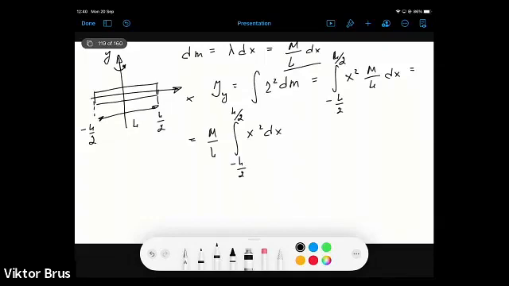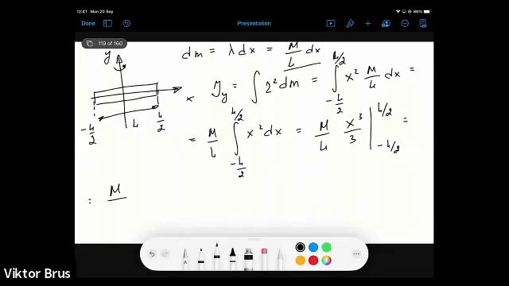So when we integrate this, we will get m over L times x cubed over 3. And this will be in the ranges minus L over 2 to plus L over 2. So when we substitute these values, we will get the following.